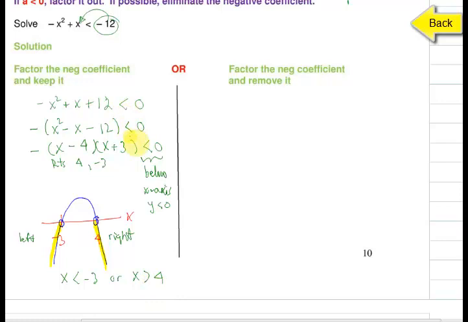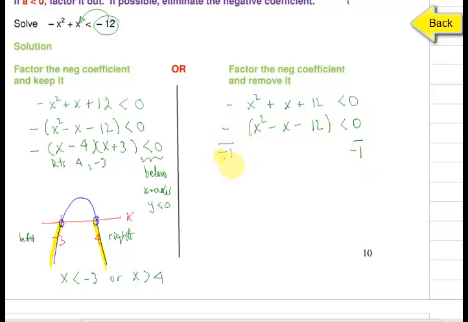Okay, so let's take a look at our second method where we're going to remove the negative sign. So let's take the original inequality, factor out our negative, and to remove it we want to divide both sides by -1.